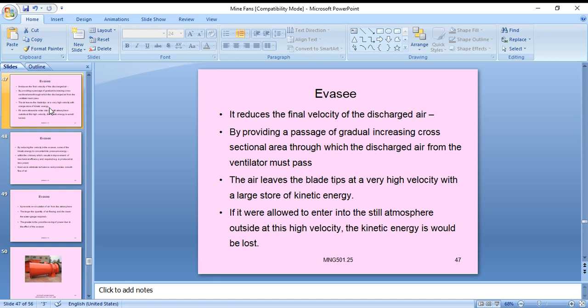The air leaves the blade tips at very high velocity with a large store of kinetic energy.